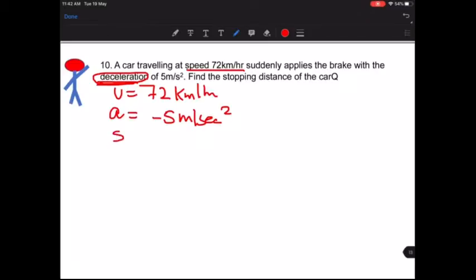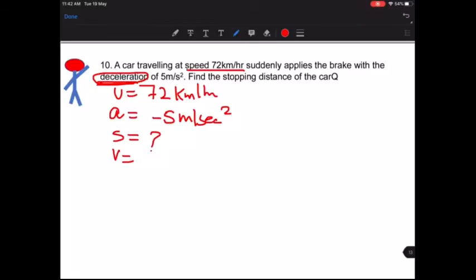Stopping distance means after how much distance the car comes to a stop, how much distance the car takes to come to a halt. So you have to calculate the distance here. And what is the final velocity? It is not given in the question, but you have to find it yourself.